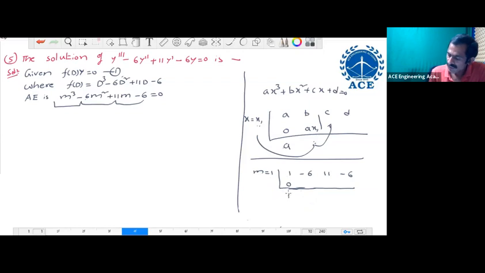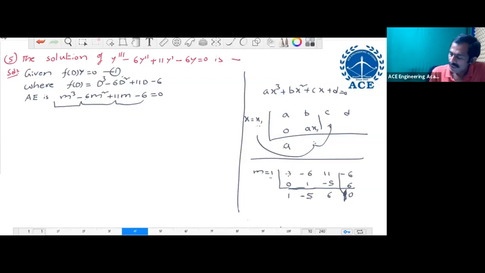One plus 0 is 1 and 1 into 1, 1 plus 5, minus 6 plus 1, that is minus 5. Again, 1 into minus 5 is minus 5 right here. Sum of these two is plus 6. 1 into plus 6 equal to plus 6. Plus 6 minus 6, sum is 0 here.